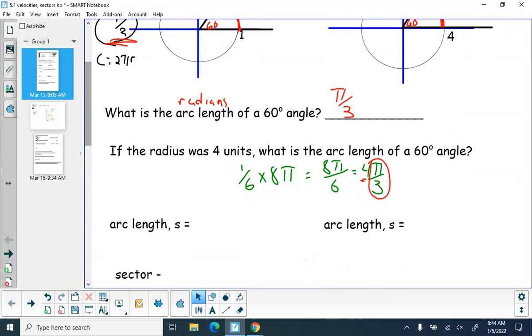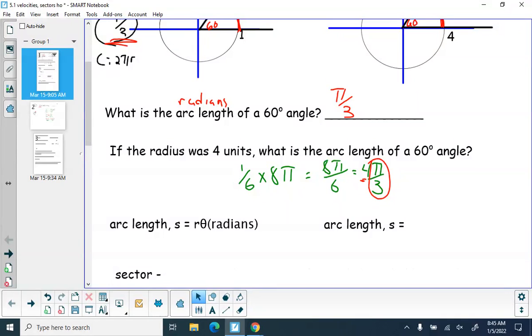So when dealing with the arc length, how we can calculate our arc length is we could take our radius and multiply it by theta. They use theta in the book, that's why I put theta down there. I don't like using theta when dealing with radians. I like using the x a little bit more when dealing with radians.